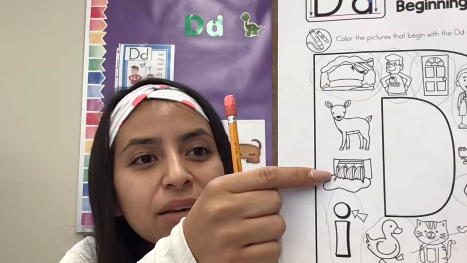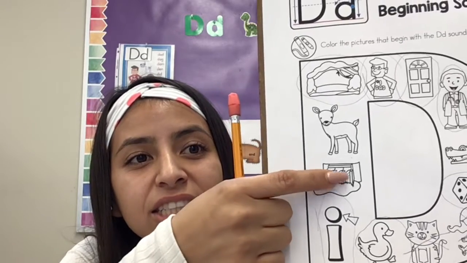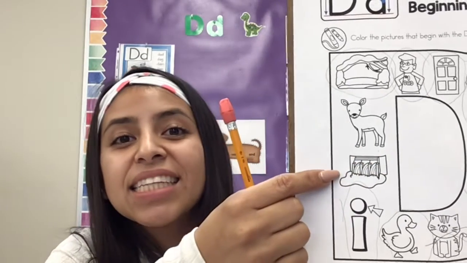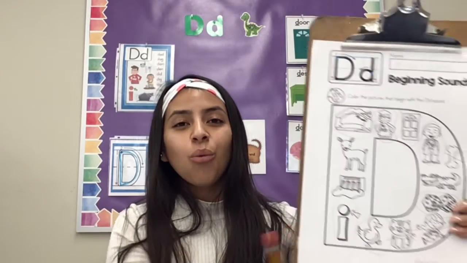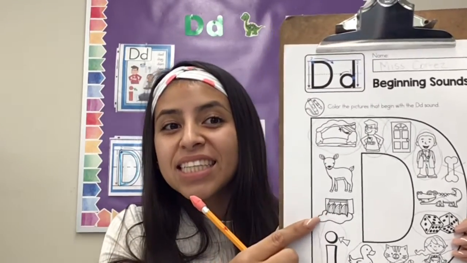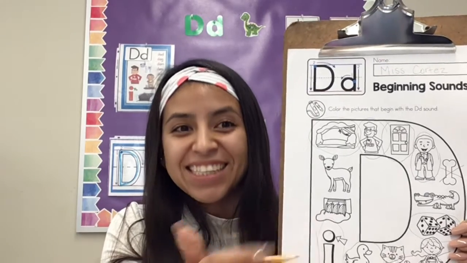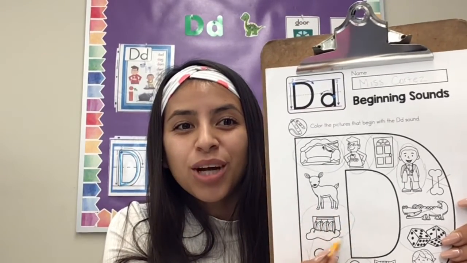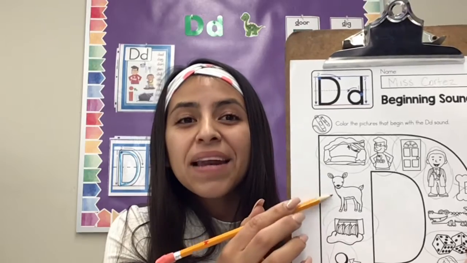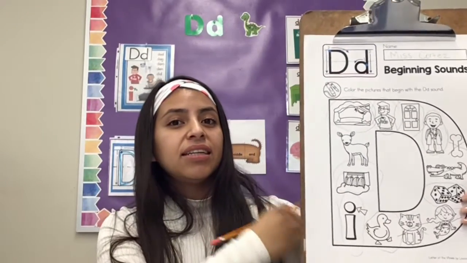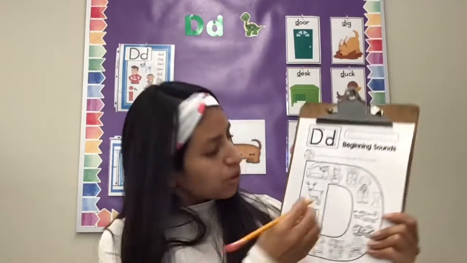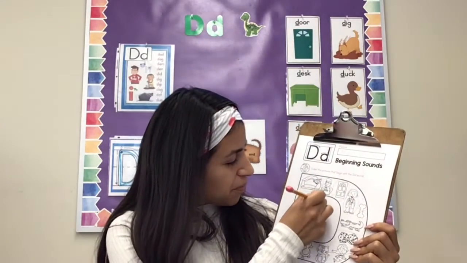This one kind of looks confusing, but these are actually dishes, and this is called a dishwasher. Does dishwasher begin with the D sound? Yes, it does. Go ahead and circle your dishwasher. And now our last photo, this is a deer. Do you hear the D sound in deer? Deer? I do. So I'm going to go ahead and circle my deer.